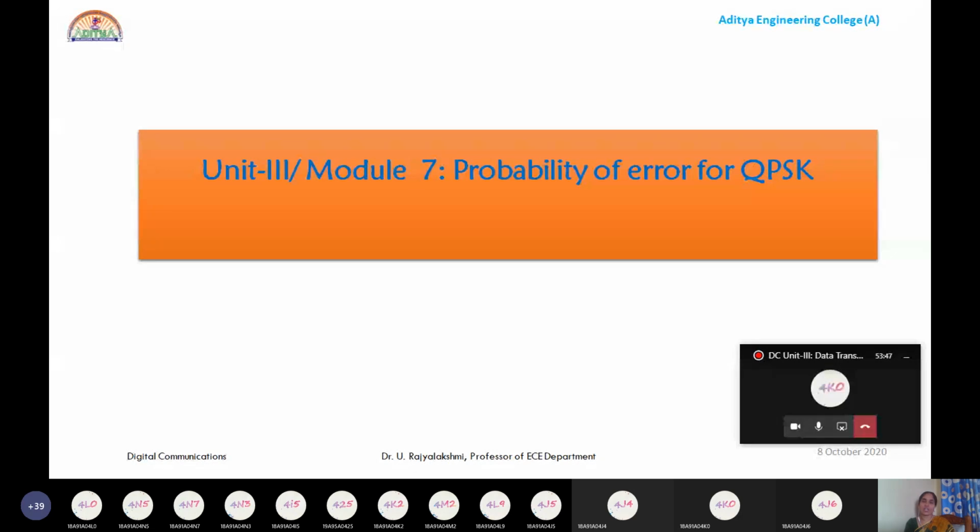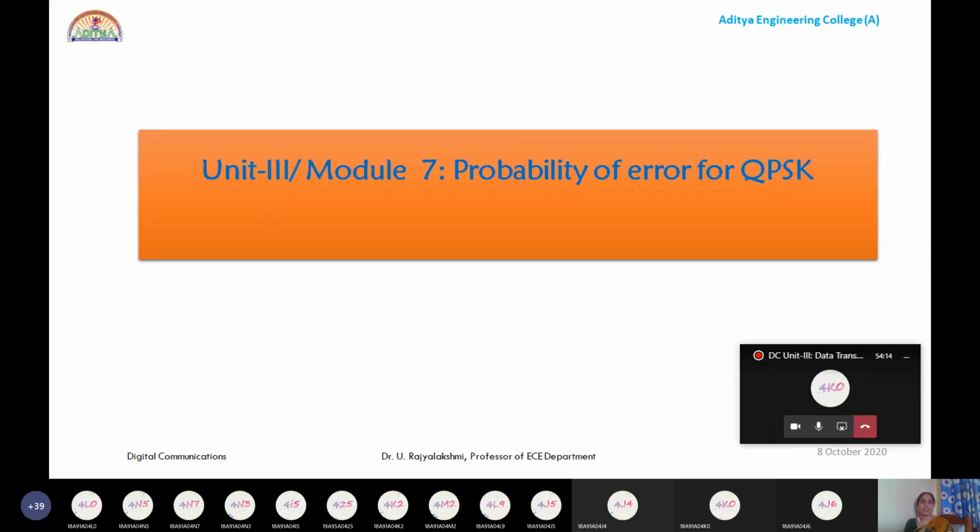So then what can be the probability of error for QPSK? Because the Euclidean distance of QPSK and BPSK is the same, the probability of error will also remain the same. That's why the probability of error for QPSK is the same as that of BPSK. So it should be equal to half ERFC of root EB by N naught.